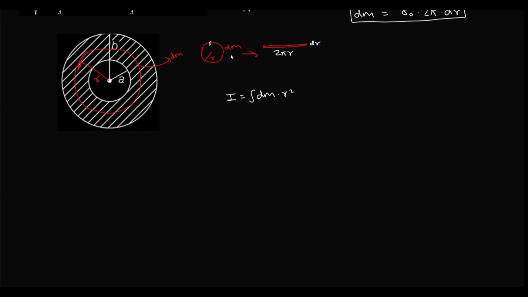So what would be the limit of this? This disk is varying from a to b, so the limit would be a to b. Let's put the value of dm, which is sigma naught into 2 pi dr, times r square dr, from a to b.